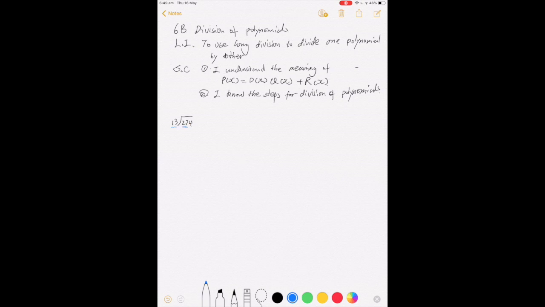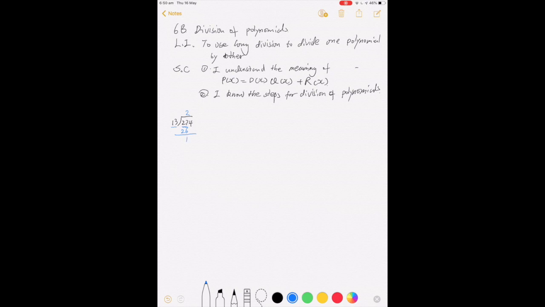I know the maximum multiple of 13 is 26, which can be achieved by times 2. So 2 times 13 gives me 26, the maximum multiple I can get as close as to 27. And 27 minus 26, I'll get 1.